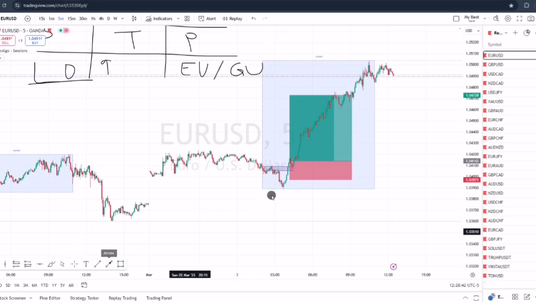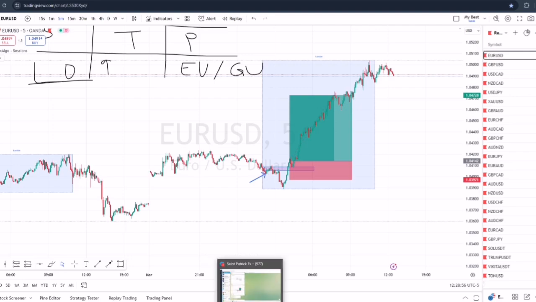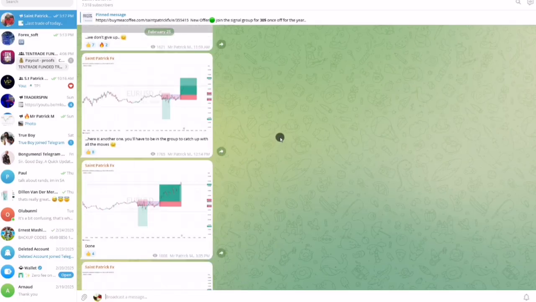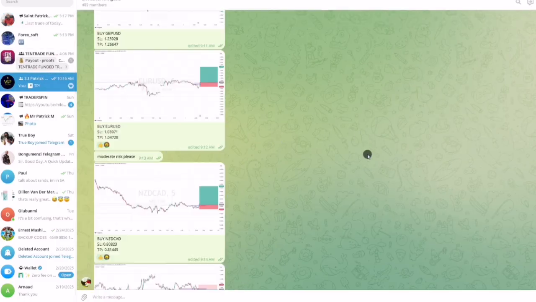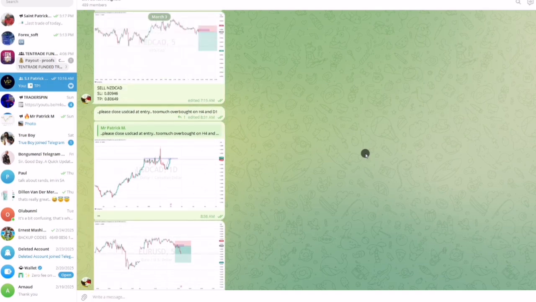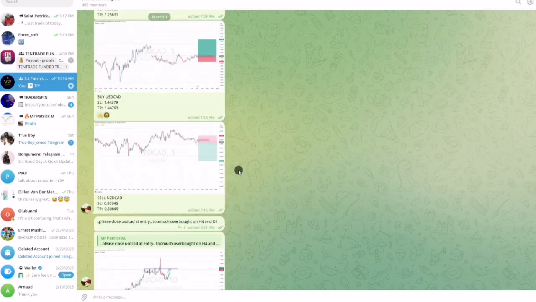I marked the first candle on the 5 minute time frame like this, and if price closes below, you just sell.